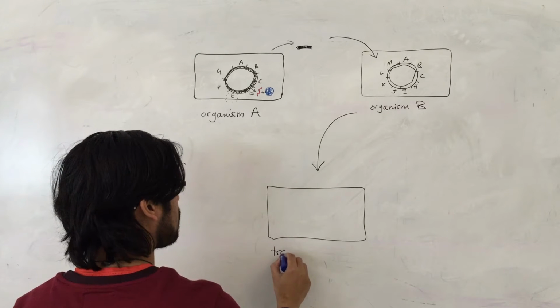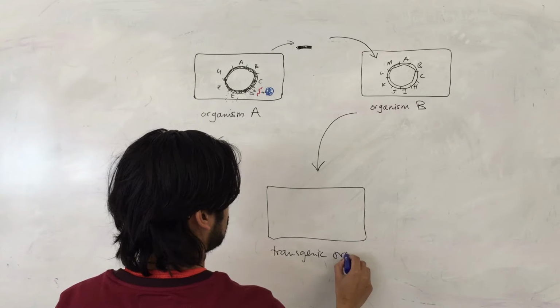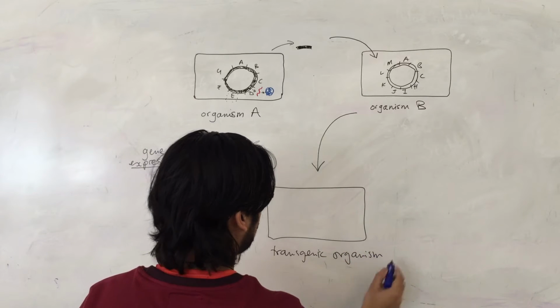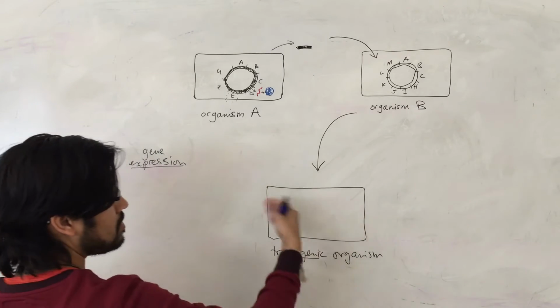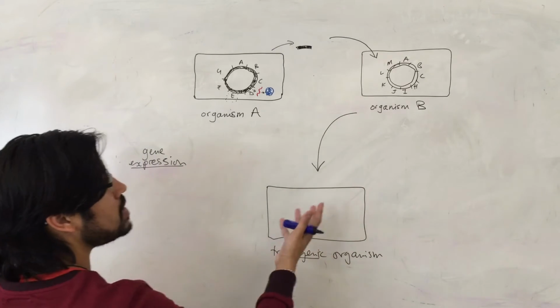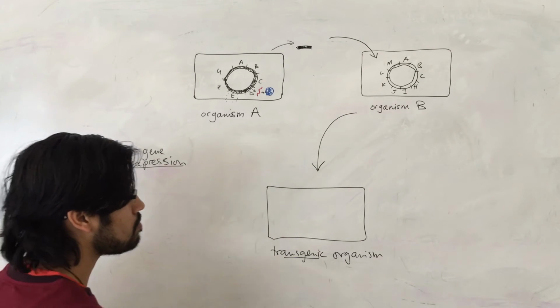So this is a transgenic organism because it has its original complement of genes as well as a gene from a different species, a different organism.